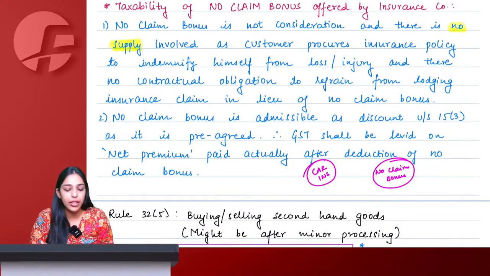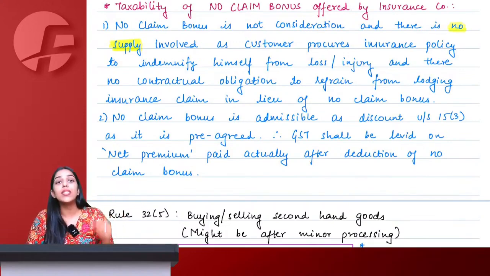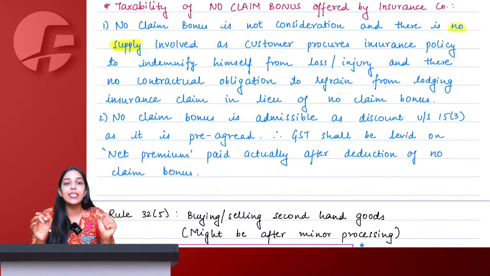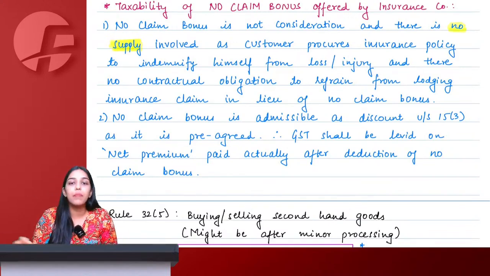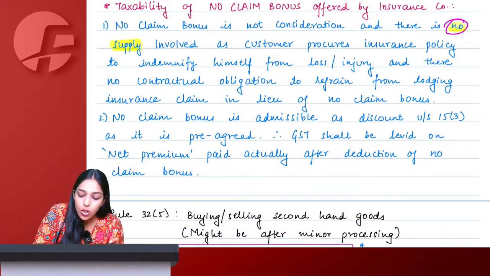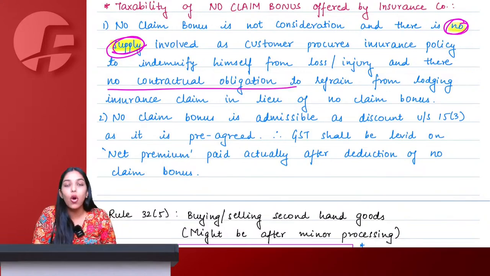I did neither of the three. I took the insurance policy primarily because I wanted to claim in case I incur a loss, because I did not actually incur any loss. Therefore, I did not take the claim, and therefore company gave me a no claim bonus. So this is not a supply only, because I never entered into a contractual obligation.